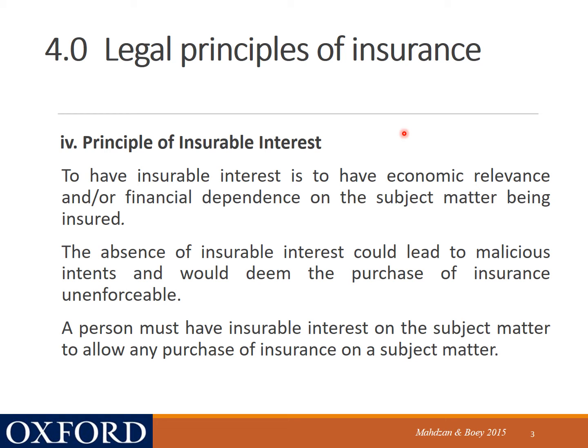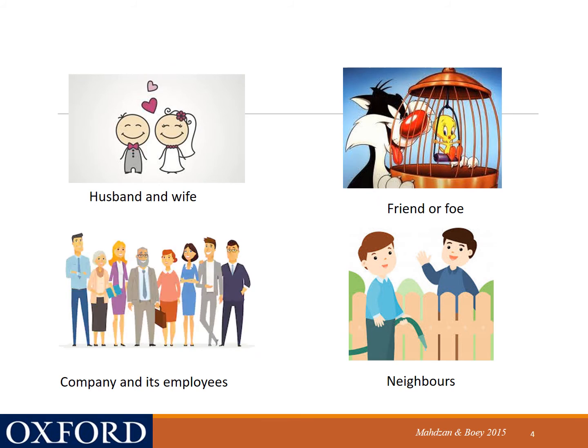Okay, so let's take a look at some examples. Here we have husband and wife, just like I gave as an example just now. And then a friend or a foe: can you buy insurance on your friend or on your enemy for that matter? Something to think about. What about neighbors?